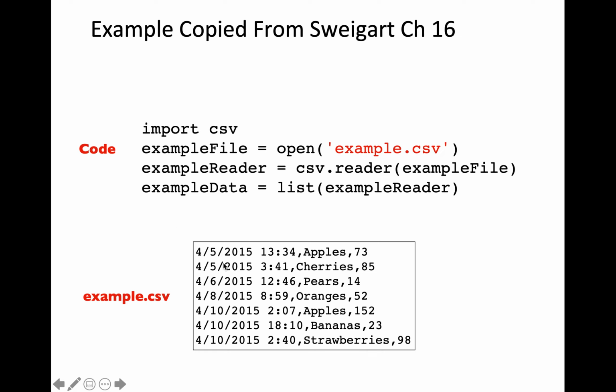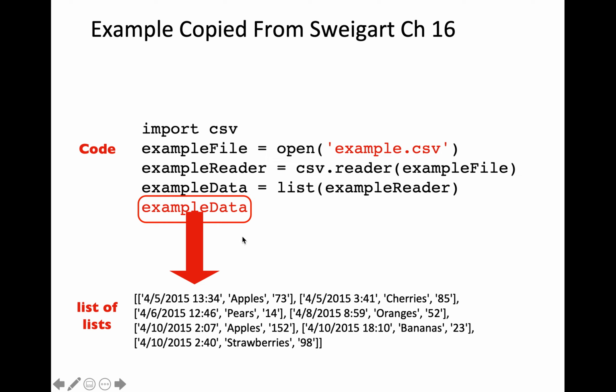Here is an example CSV file which contains a shopping list. This particular CSV file has 3 columns and a few rows. When we run this particular parsing code snippet, it's going to give us the list of list representation where you have each inner list to contain 3 items corresponding to the 3 columns.